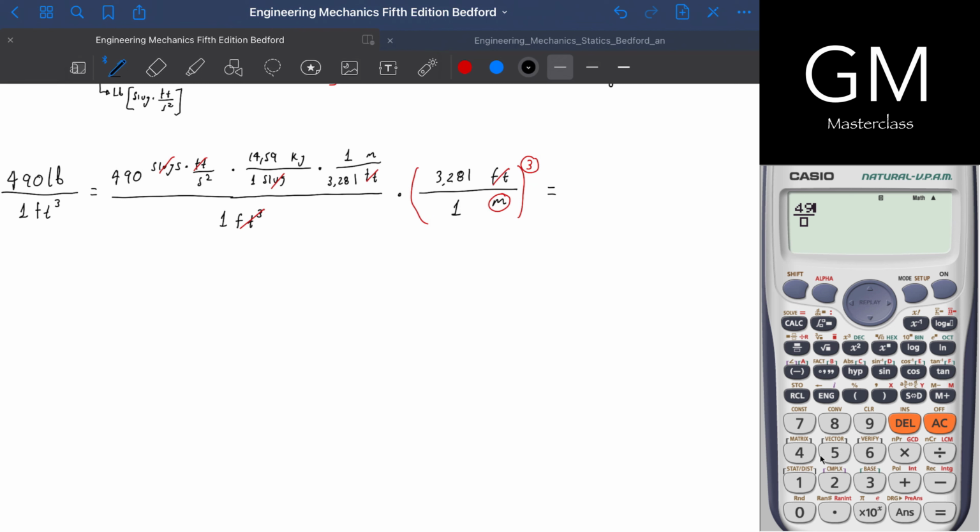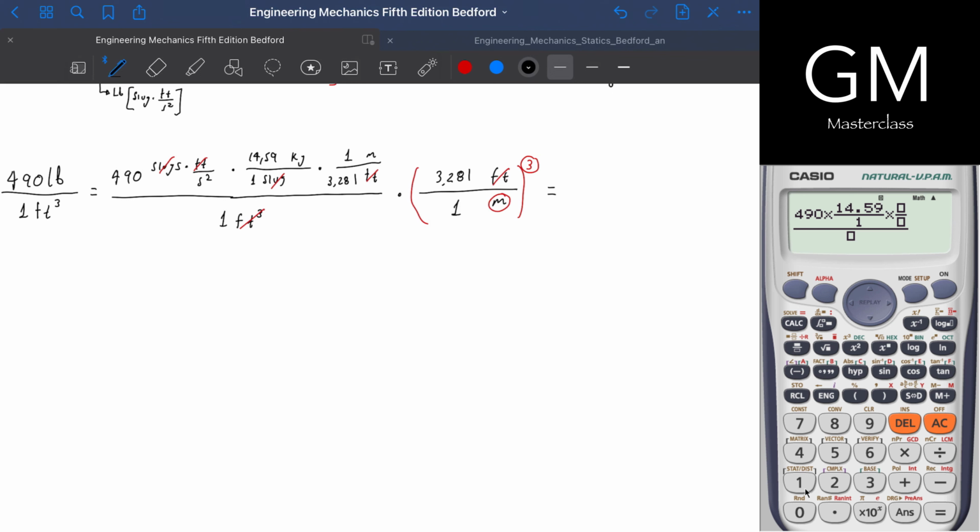So 490 times 14.59 divided by 1. I don't have to write that, but I don't want you to get confused along the way.